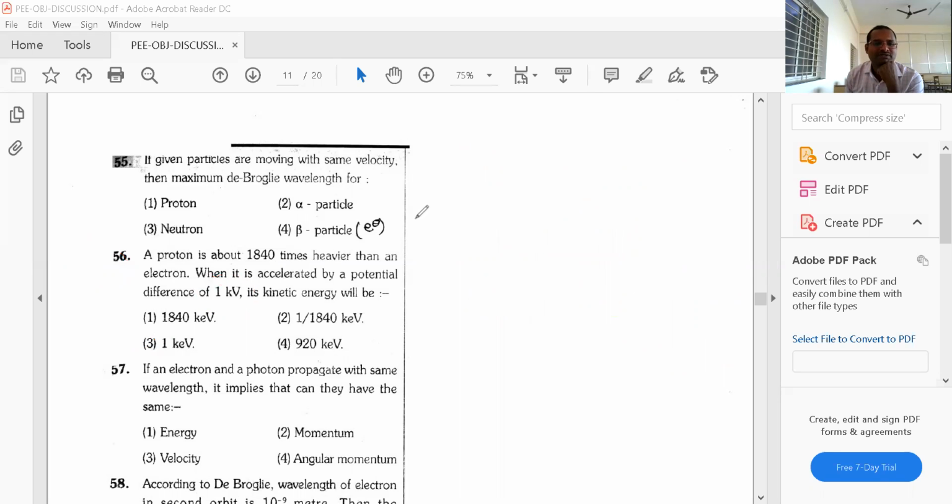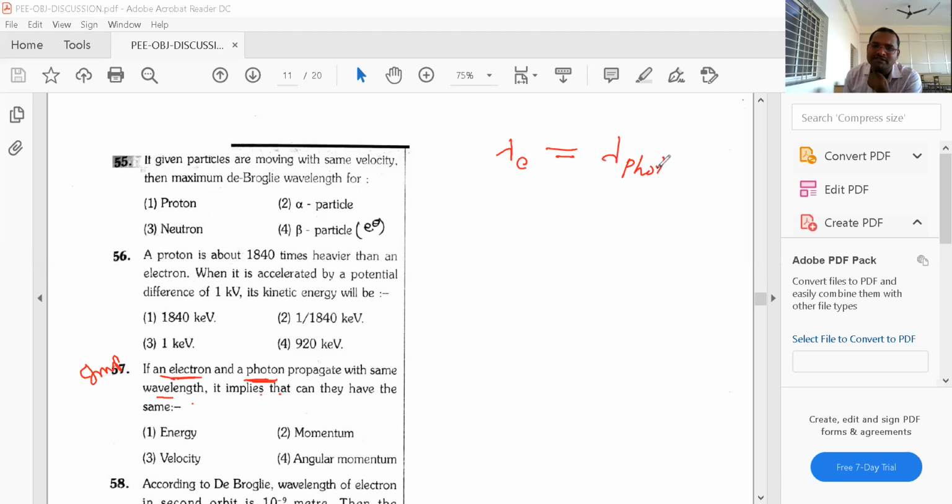Next, 57. The question is important. If electron and photon, one is electron and another is photon, propagate with the same wavelength, it implies they can have same what? Wavelength of electron is equal to wavelength of photon.